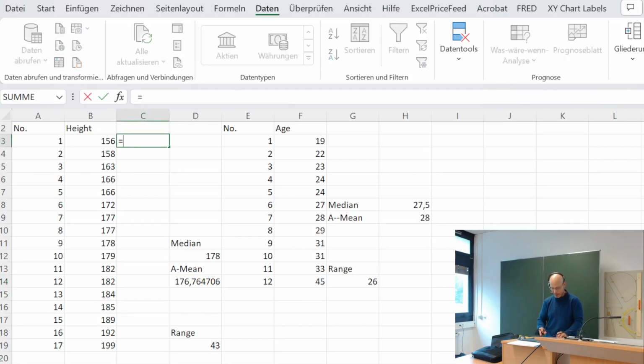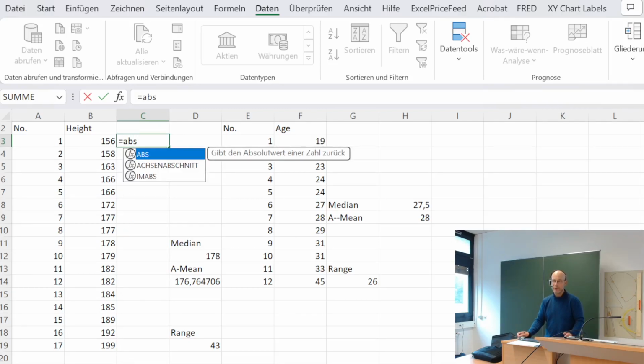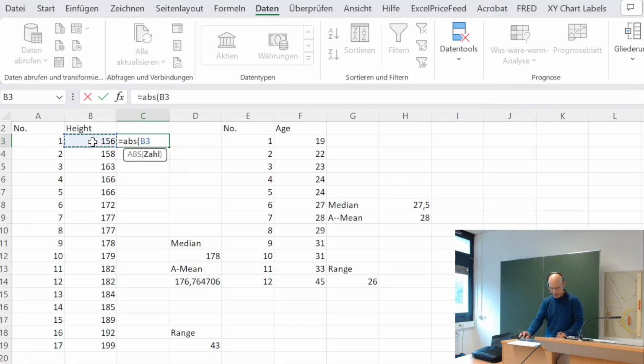So this would be then ABS, the formula for this, of 156 minus 170, and we want then to copy this formula because we do not want to always type in this formula for every 17 data points. And this, then we can do it by hand and with a pencil.